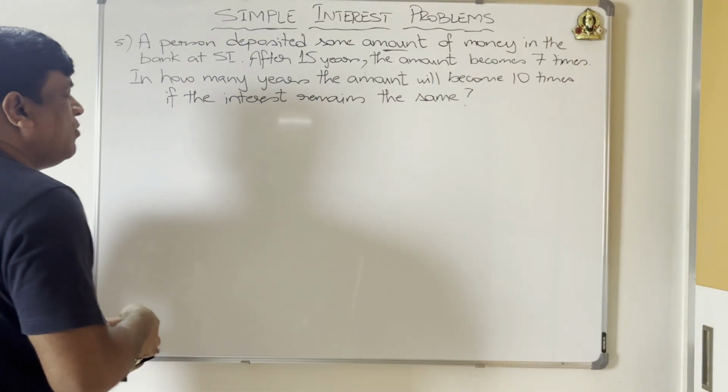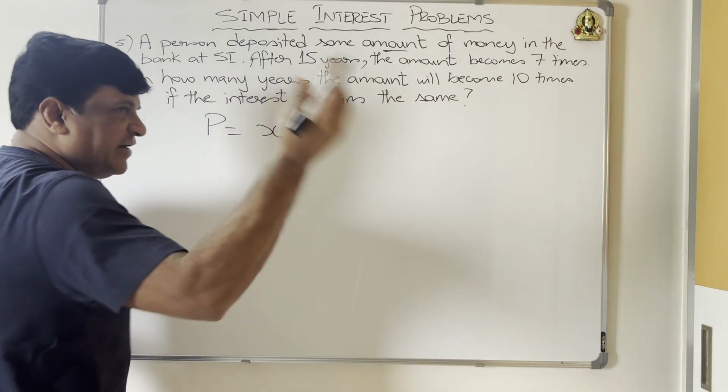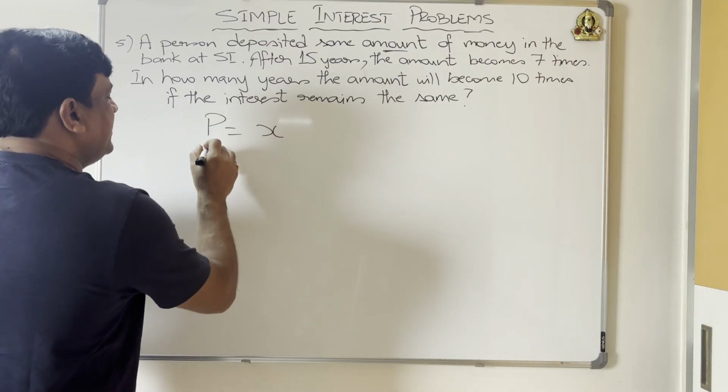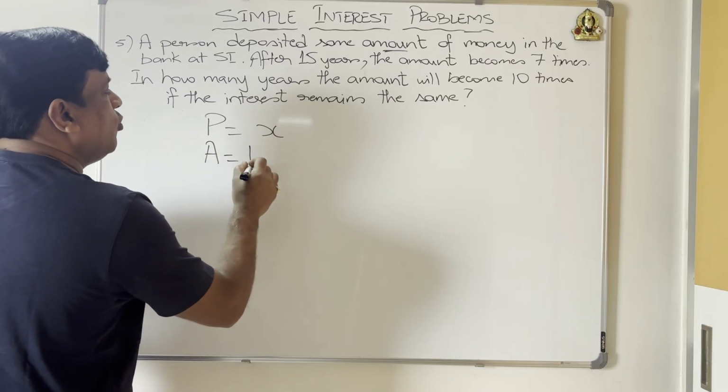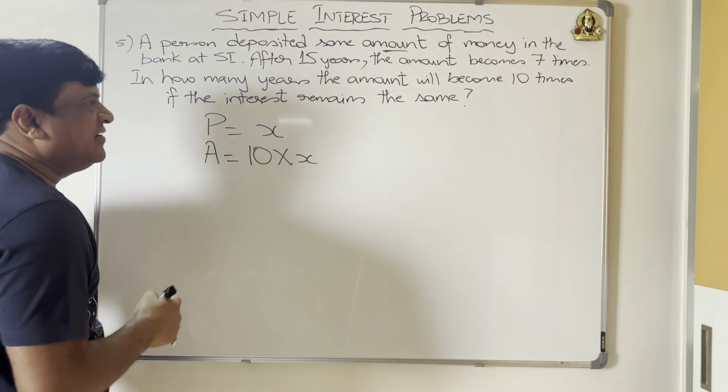Now your principal in the second part still remains x, because that is what you deposited initially. They are saying that the amount has to grow to 10 times x, which is 10x, right?